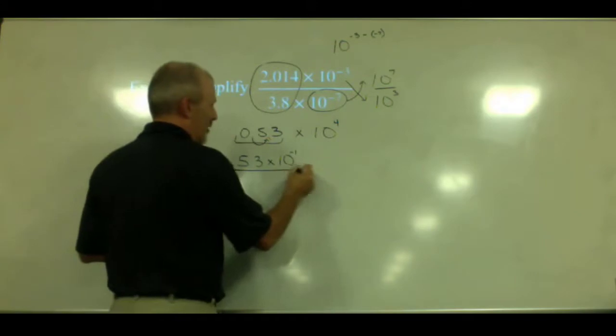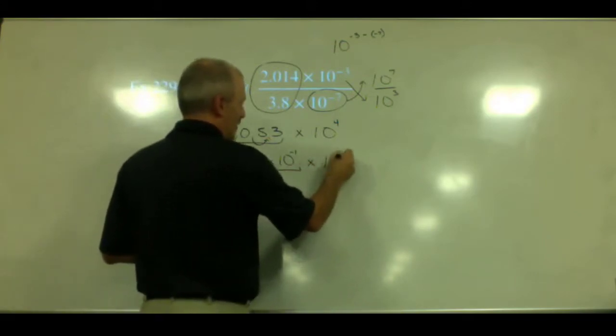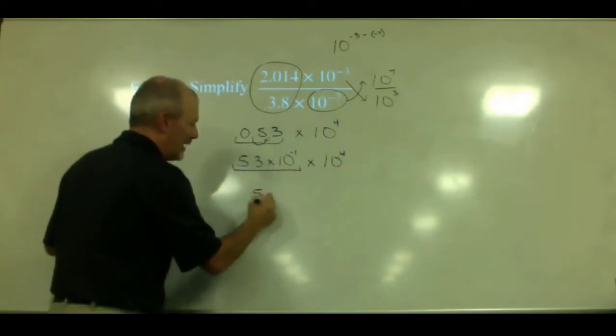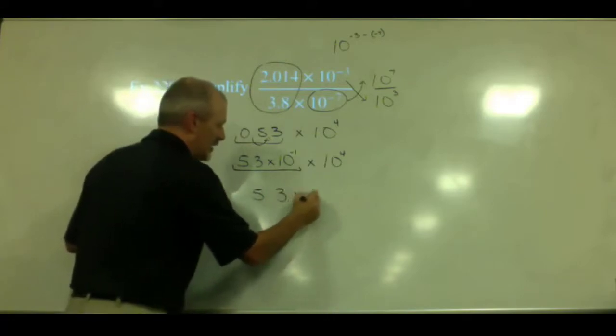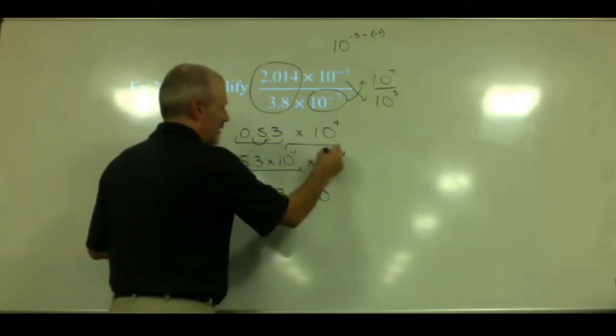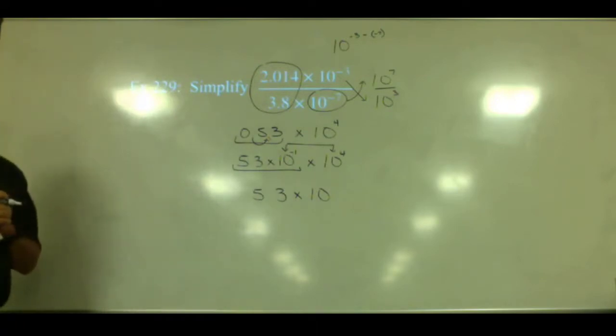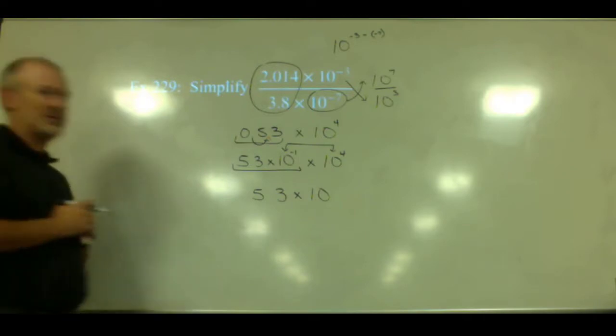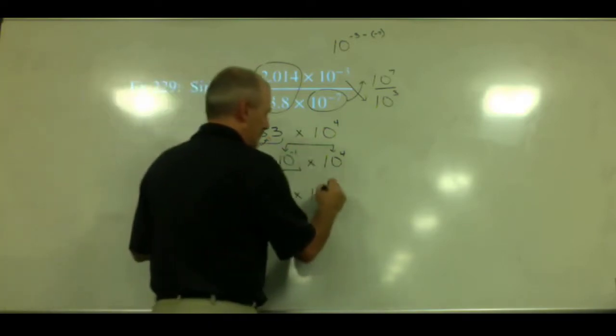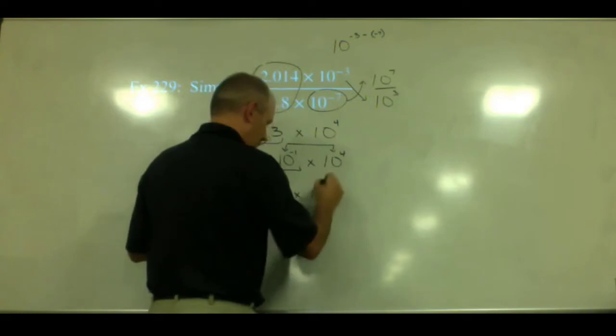So that's that part. And then we have times 10 to the 4th. So what will our final answer be when we combine these two tens? 5.3 times 10 to the 3rd power. Add those, -1 plus the 4, I mean. 3.